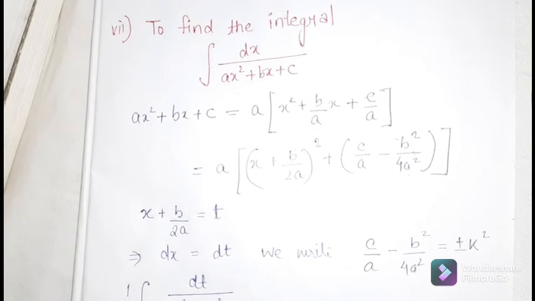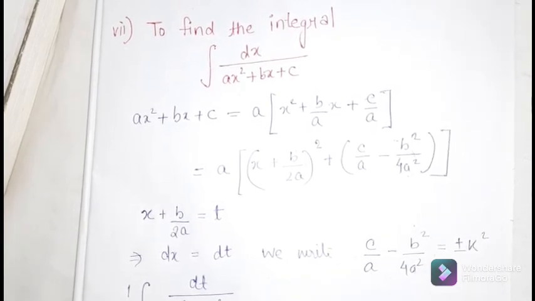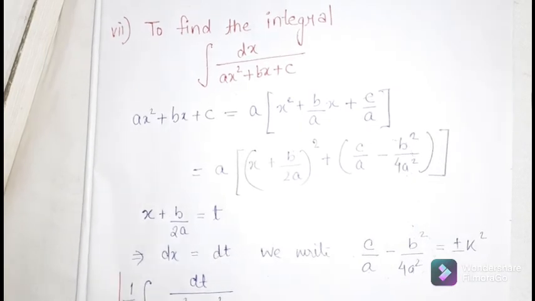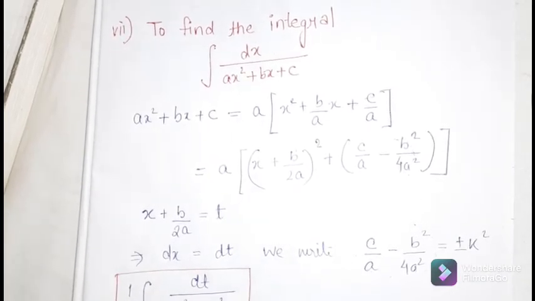Plus minus depends upon the sign of this constant, so your integral finally becomes 1 by a dt by t square plus k square.